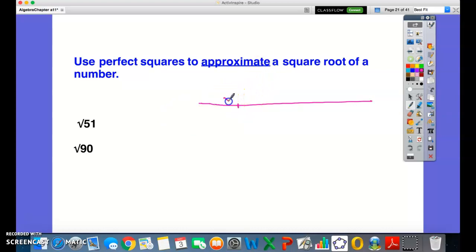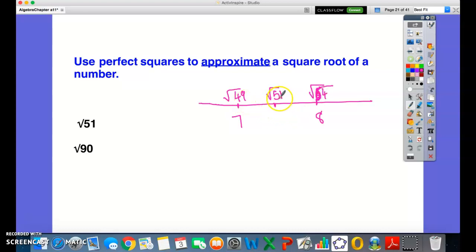The square root of 49, which is 7, and the square root of 64, which is 8. And so the square root of 51 is between 7 and 8.